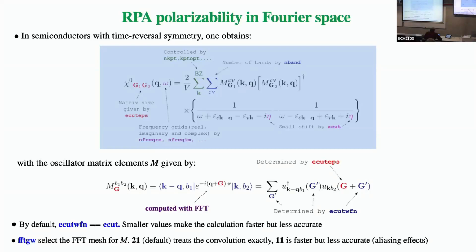And the mesh for the FFT, for the M matrix elements, is defined by fftgw. As I mentioned to you, when you have a product in real space, then in Fourier space, the cutoff energy is 4 times the cutoff energy for the wave function. So there are options that allow you to select an FFT mesh that is large enough to treat this convolution, or an FFT box that is smaller, that is more efficient, but also introduces some numerical noise.